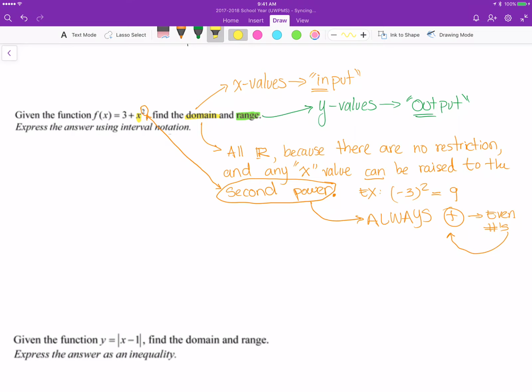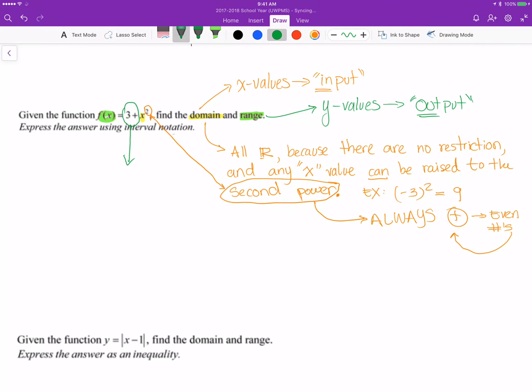So that's our domain. In our range, our result is always going to be greater than or equal to 3. I know that because of this. I'm going to demonstrate this for you.